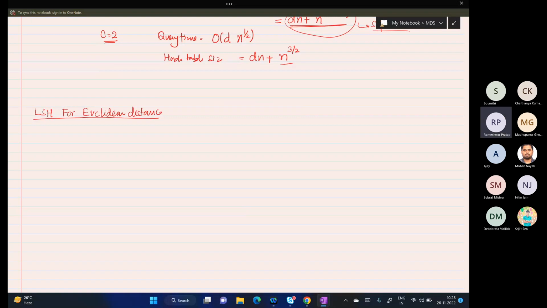And if their Euclidean distance is large, then with very small probability their hash code should be same. Right. So any idea what we can do if we need to come up with LSH for Euclidean distance?